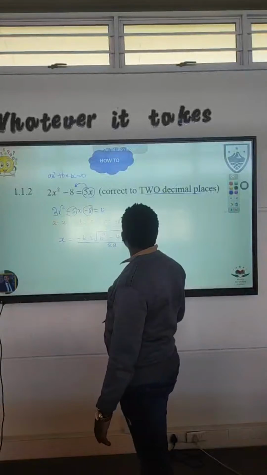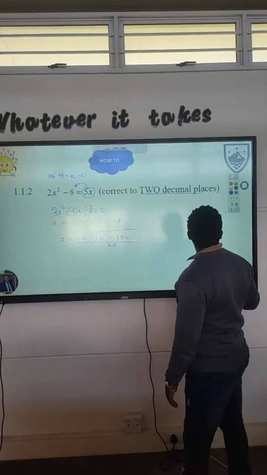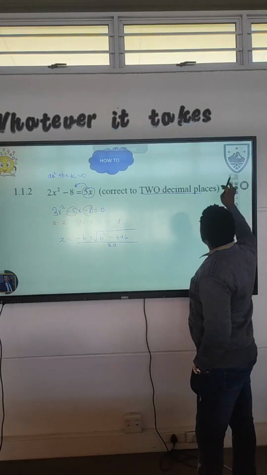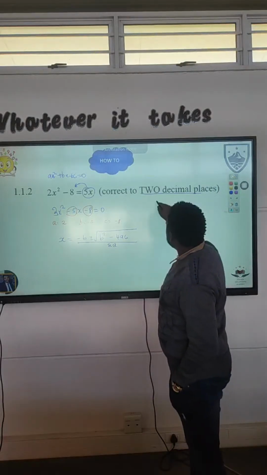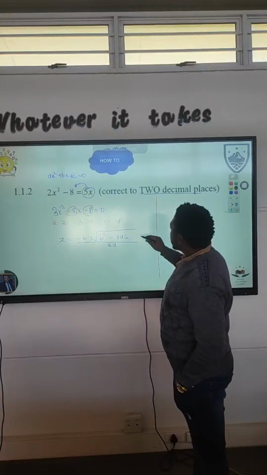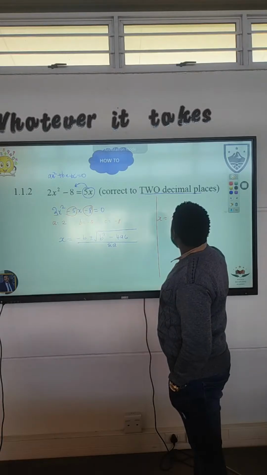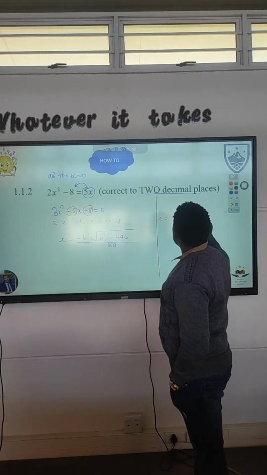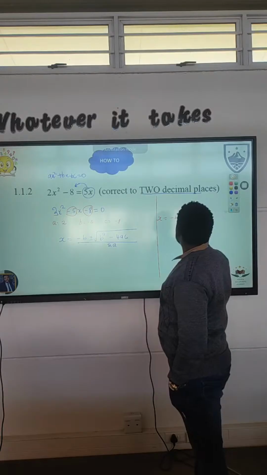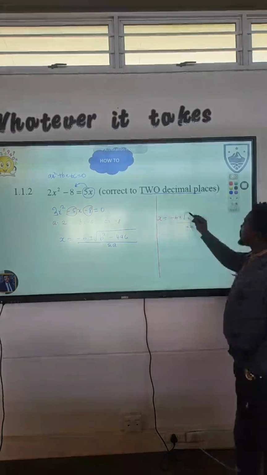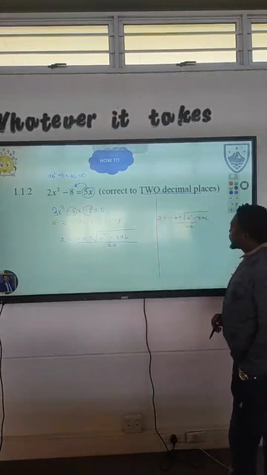Sometimes we see learners writing the quadratic formula and doing this. Let me just show you in red so that you know that it's something dangerous to do. Learners will be saying x equals to -b plus minus then the square root of b squared minus 4ac over 2a. That's incorrect because everything must be inside the root.